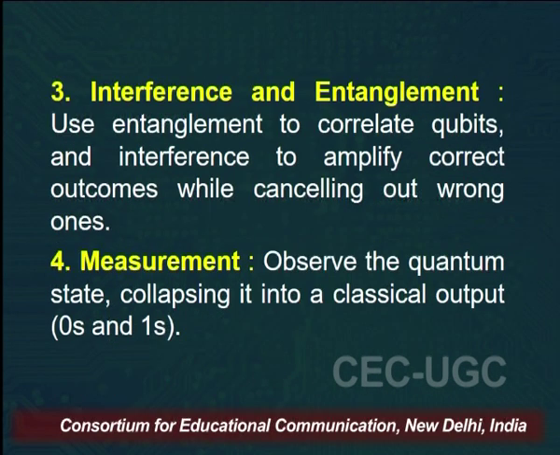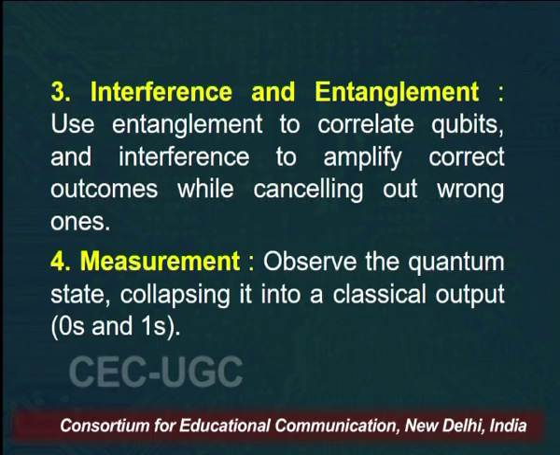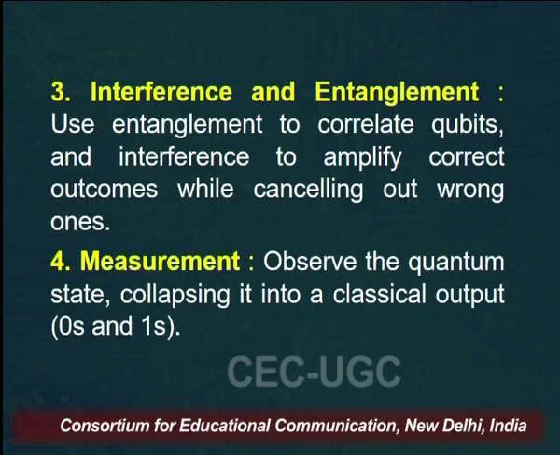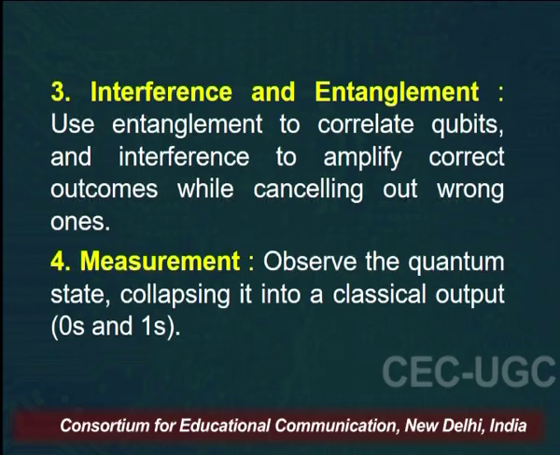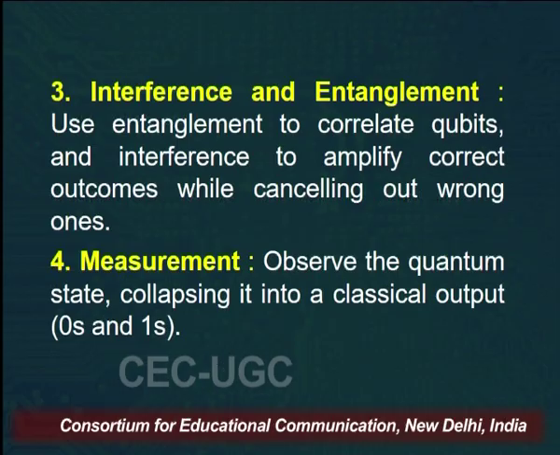The third step is interference and entanglement. Use entanglement to correlate qubits and interference to amplify the correct outcome while cancelling out the wrong ones.